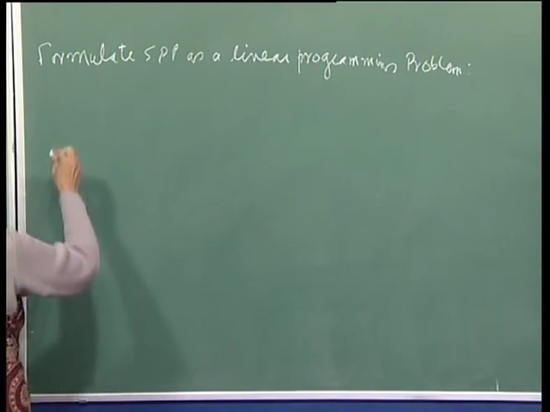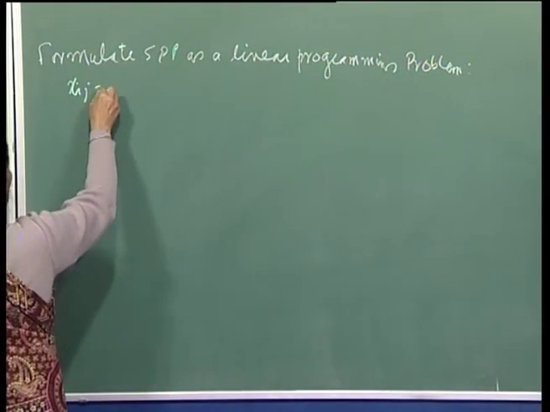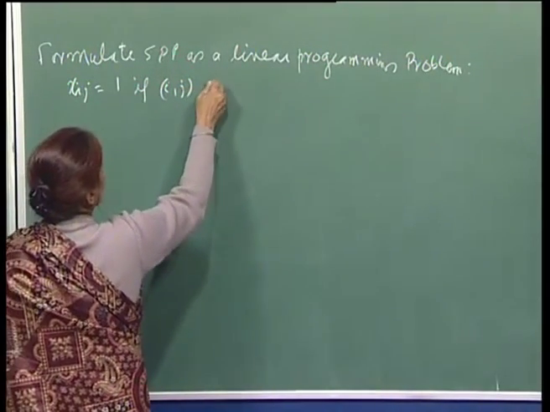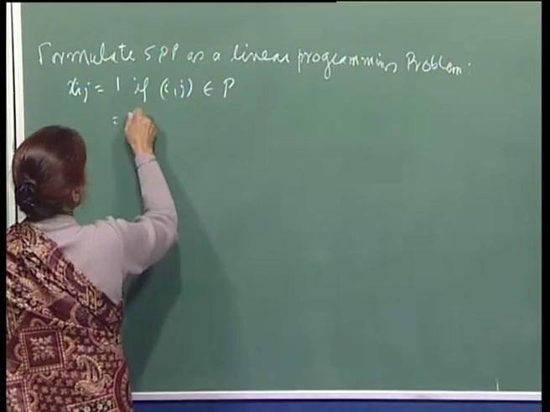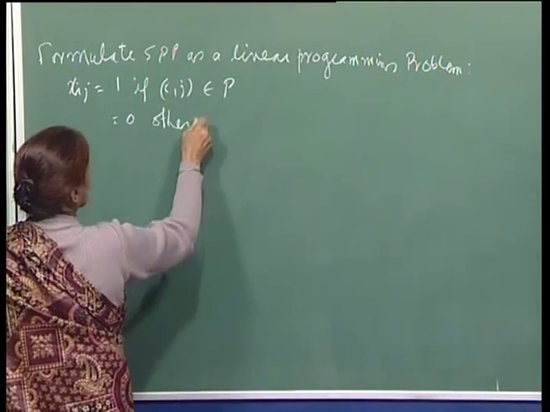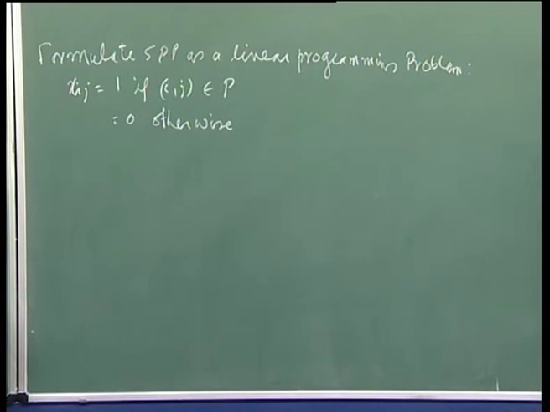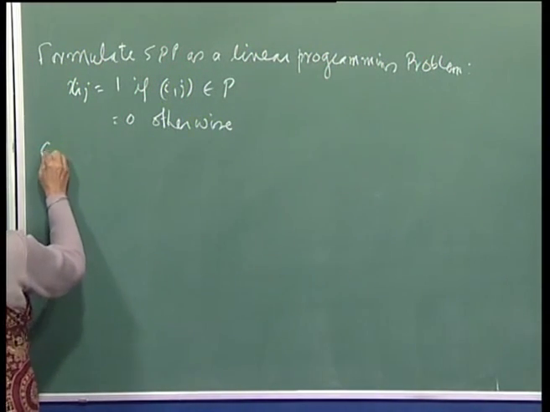I will first define my variable xij to be 1 if ij belongs to P and 0 otherwise.